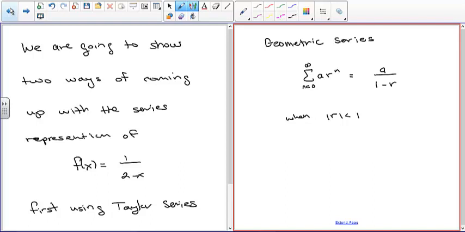As long as the absolute value of r is less than 1, then it converges, and it converges to a specific value, which is a over 1 minus r. So that's where we're going to use the second technique to show you get the same answer both ways. It turns out, at least for this case, that this method is a lot easier than using Taylor series.